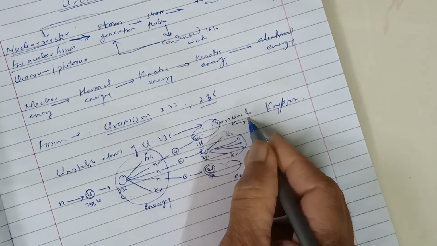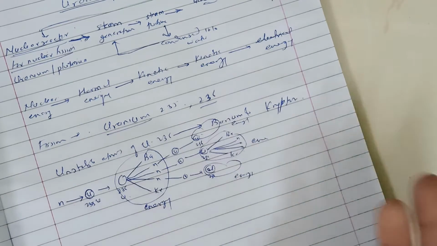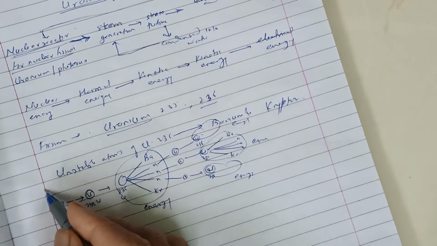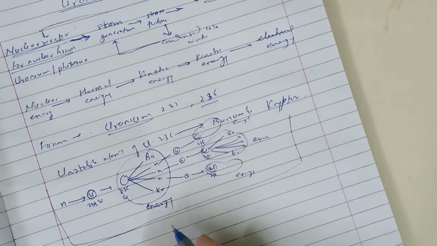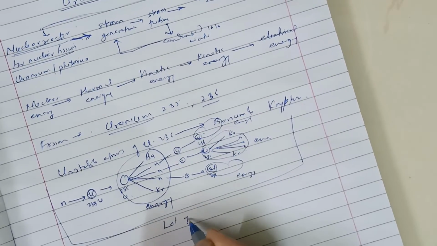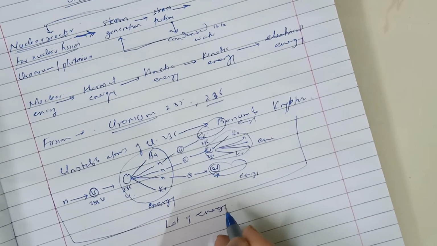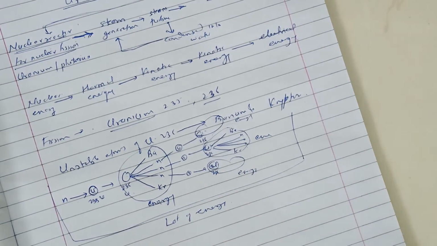Every atom, when it splits into krypton and barium, releases some amount of energy. Finally, it continues to take place, and together it produces a lot of energy. This energy is used to generate electrical energy.